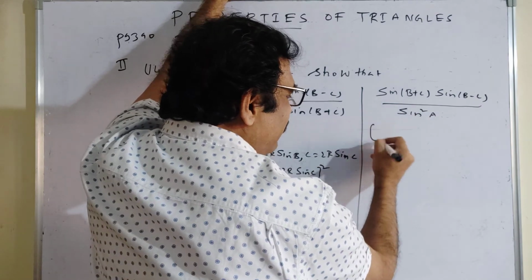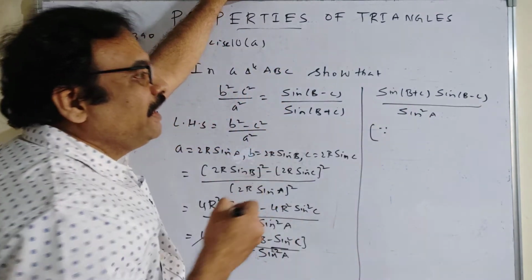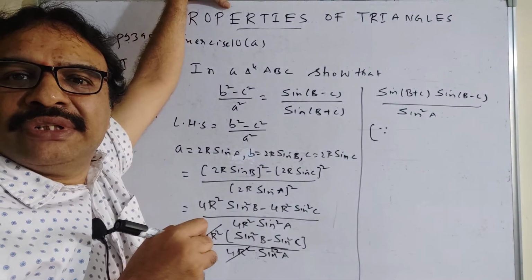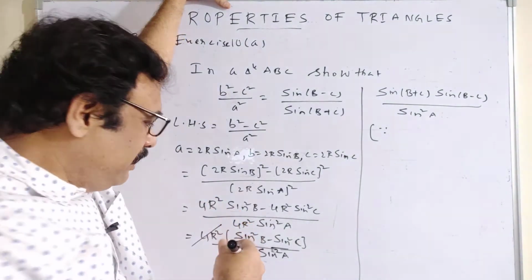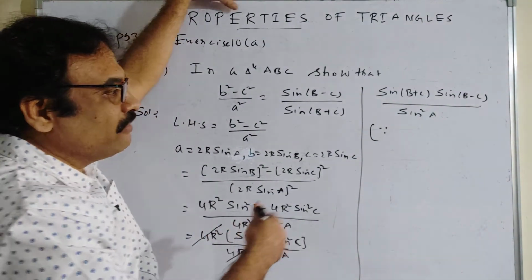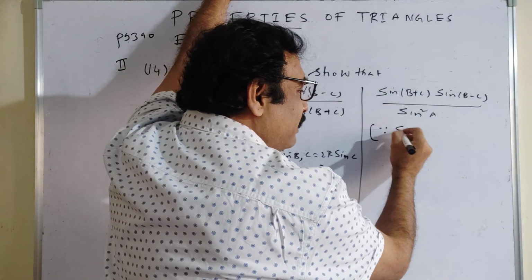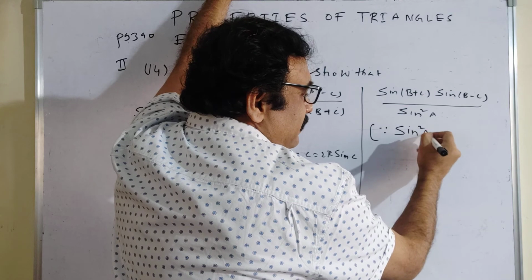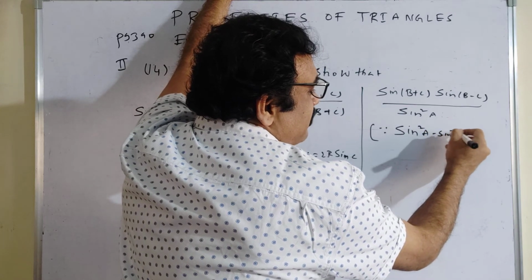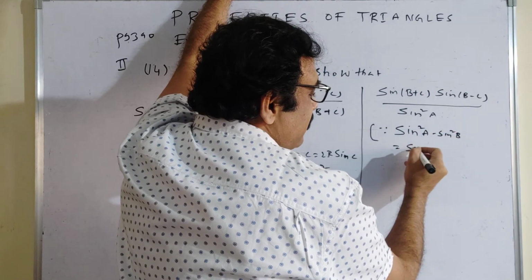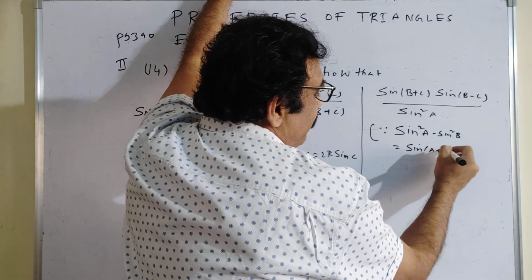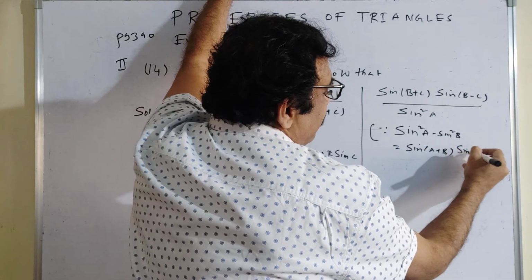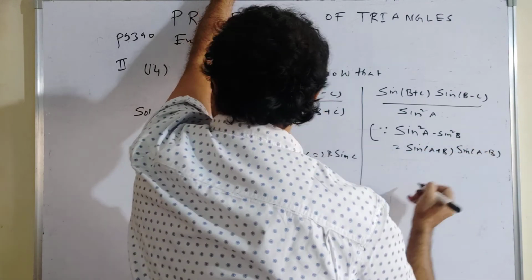The reason why we are writing it that way: the question comes, how all of a sudden can I apply this kind of formula? We have learned in the previous chapter that sine square A minus sine square B equals sine of (A plus B) into sine of (A minus B).